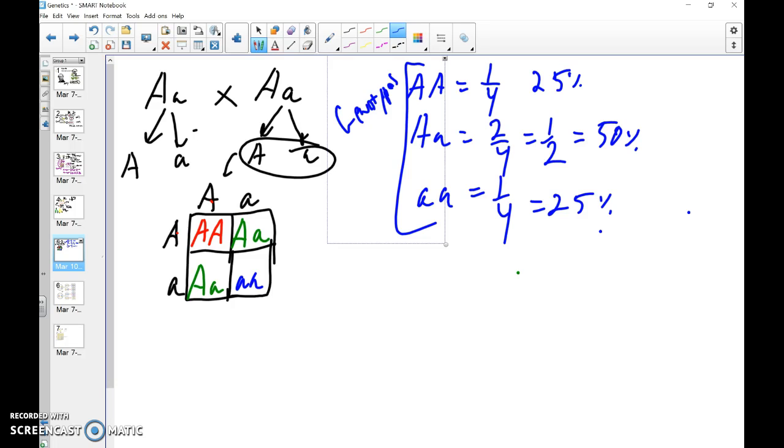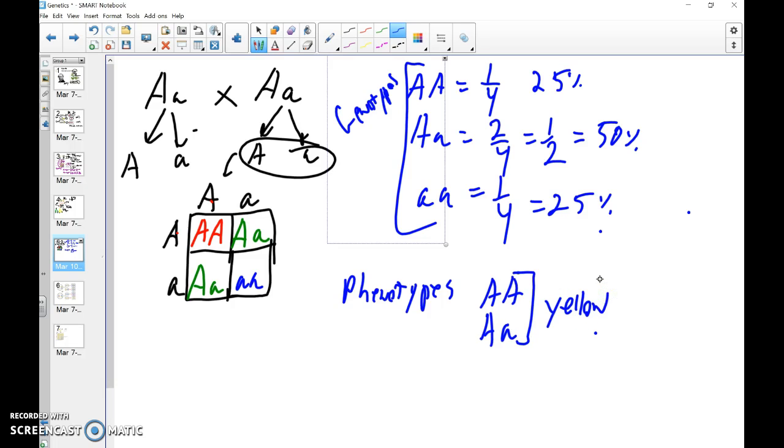Now, what's interesting here is the phenotypes, what the plant actually looks like, are fewer. So big A big A, and big A little a both appear, in this case, yellow. And why do they appear yellow? They appear yellow because of dominance.